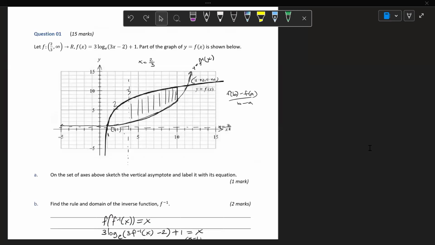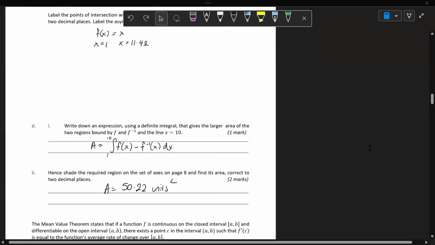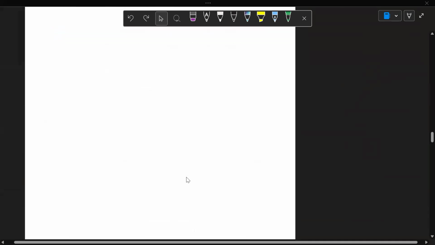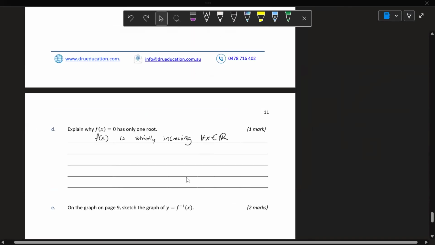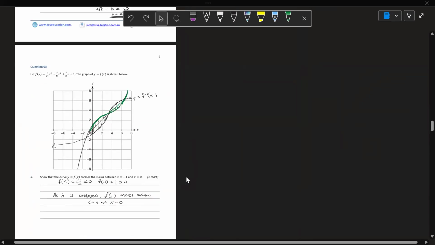Could you please explain 1D again? This is how we find limits on the CAS. Wait, 1D? 3D. Okay. Wait, 3D. That's 2D, right?